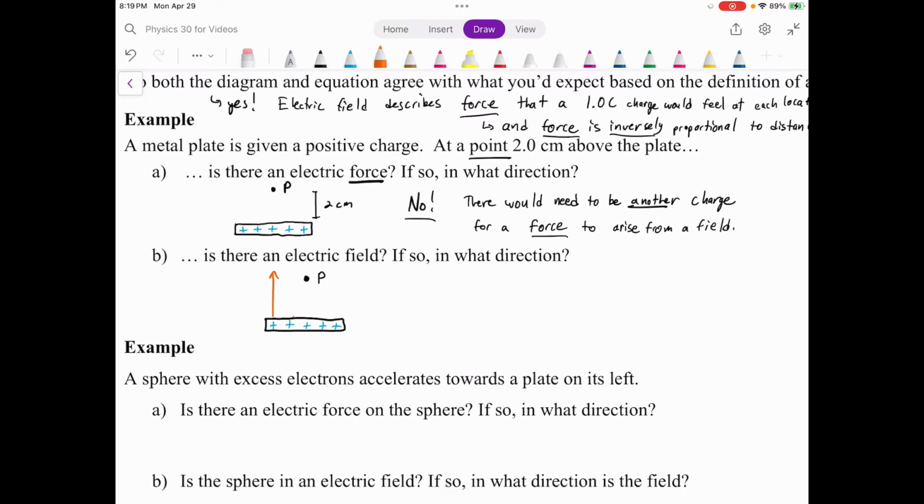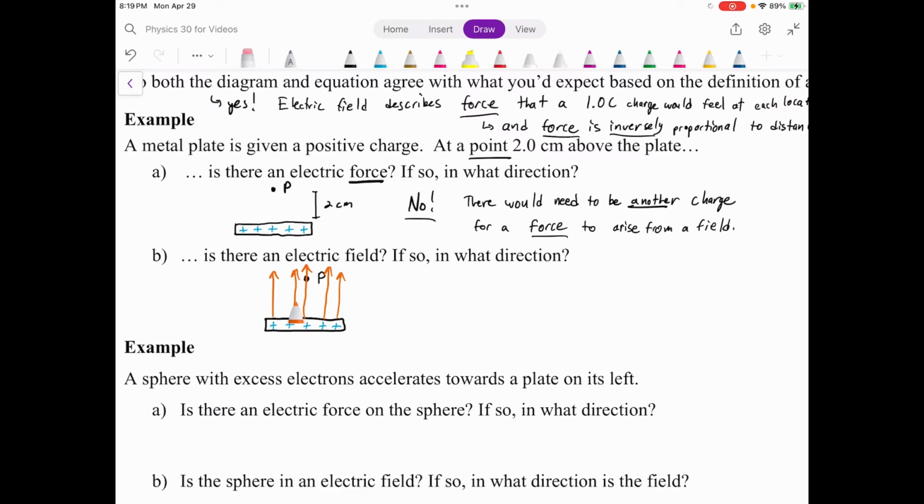So I'll say there is an electric field at the location P. This would be generating an electric field there, okay? And in what direction? Towards the top of the page. Now, why that way and why not down towards the bottom of the page? Well, remember, how do we define electric field direction?